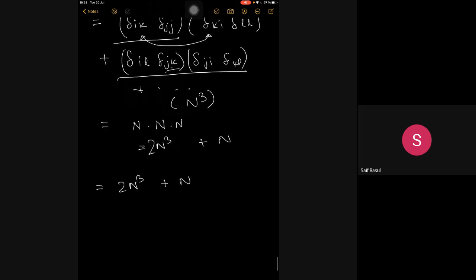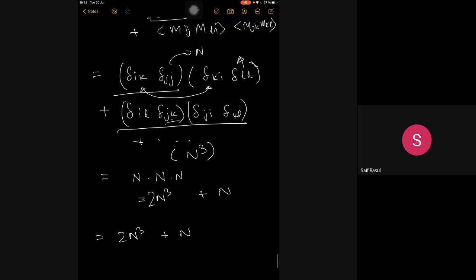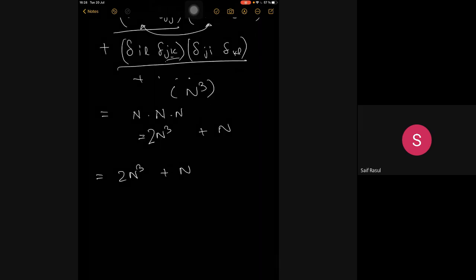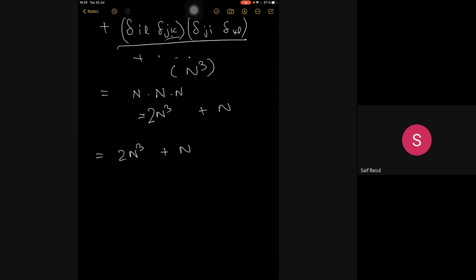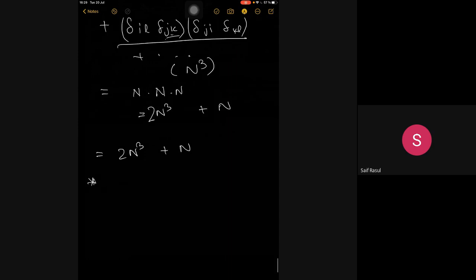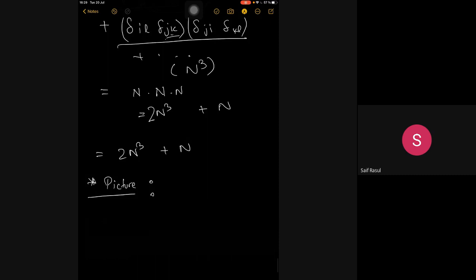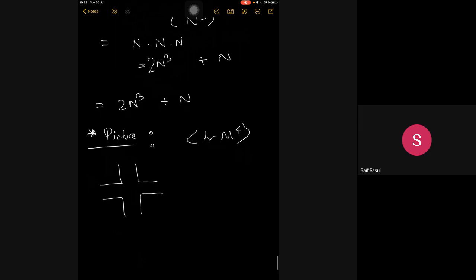If you want to draw a picture of this, we have replaced single lines by double lines. If it was a single line, it would be something like this.